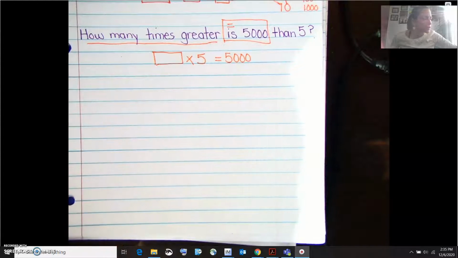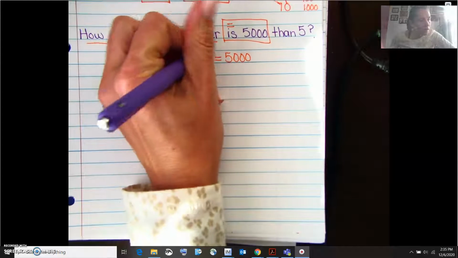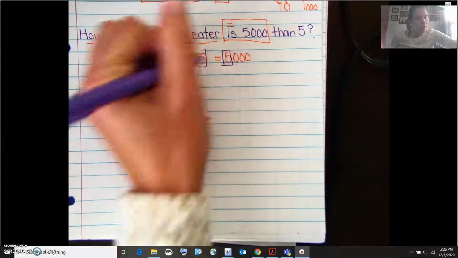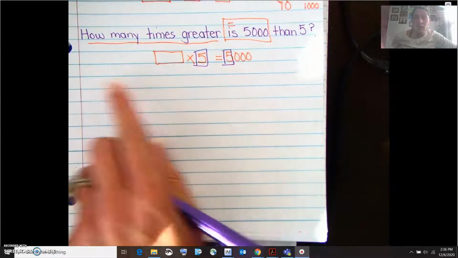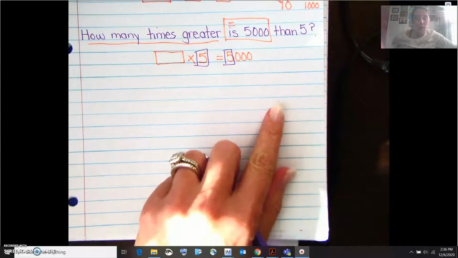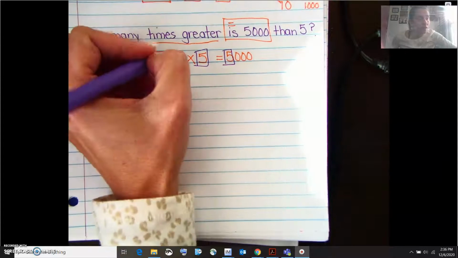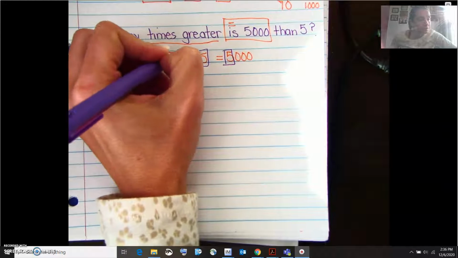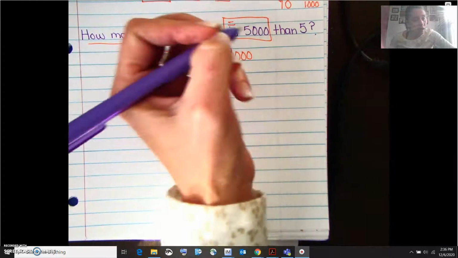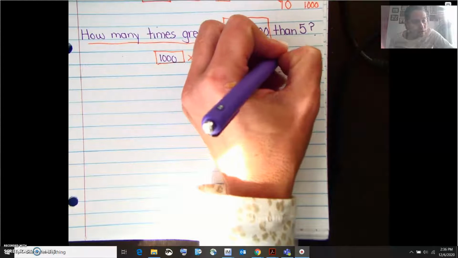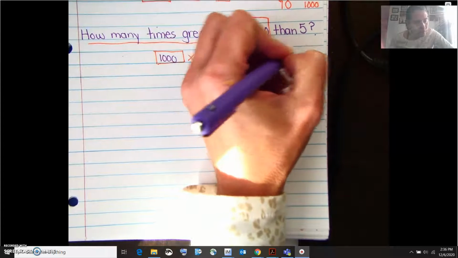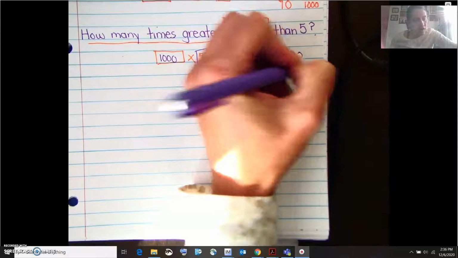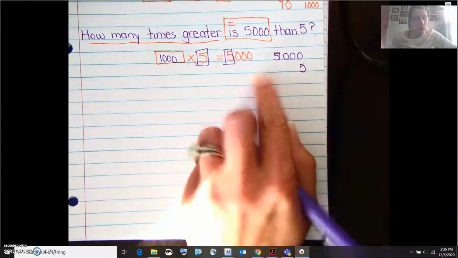And then the trick that I just showed you is we have our 5s. How many zeros do we need for it to move over? What number has 3 zeros? That's right, 1,000. And if we lined it up here, we have our 5, 5,000, and we have 5. So we want that 5 to move over.